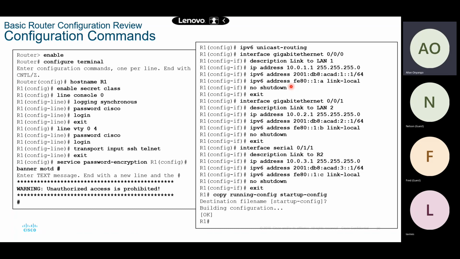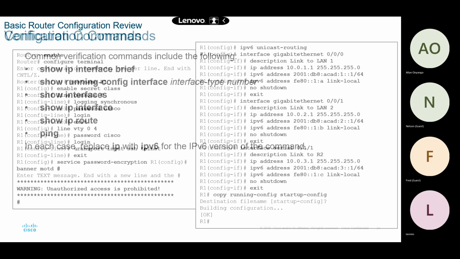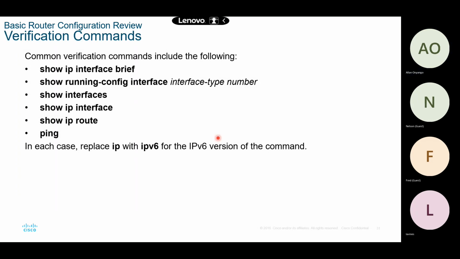Then you can go to the next interface, G0/0/1 or GigabitEthernet 0/0/1, and do the same thing. Go to the third interface, interface serial 0/1/1, and do the same thing. And when you're done, you need to save your work. So you say copy running-config startup-config.